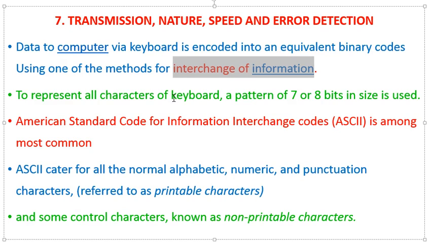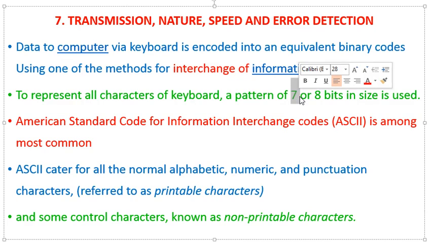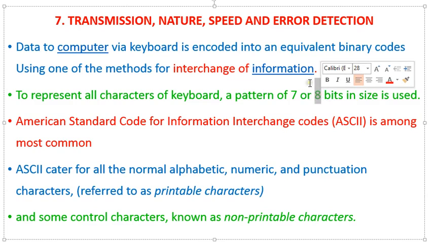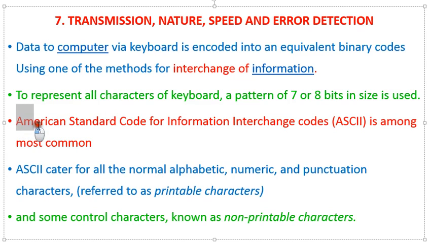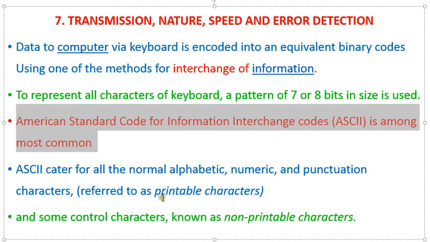Sometimes all the characters we have on the keyboard are changed into a 7-bit binary number, and in some methods of encoding, they are changed into an 8-bit binary number, depending on the type of encoding used. One of the most commonly used methods of encoding data in computer is called ASCII, and this ASCII is an acronym for American Standard Code for Information Interchange.